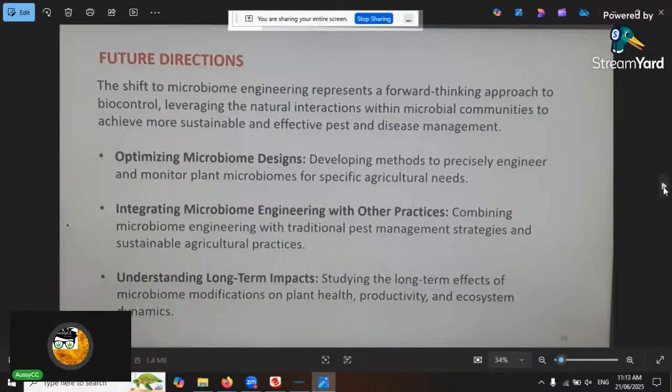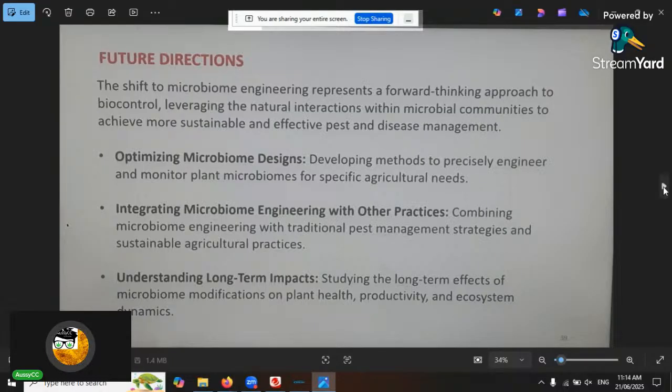Also, integrating microbiome engineering with other practices by combining it with traditional IPM, and understanding long-term impacts by studying the long-term effects of your microbiome modifications on plant health, productivity, and ecosystem dynamics. That's pretty important. This, of course, was written last year. So that sums up the future.